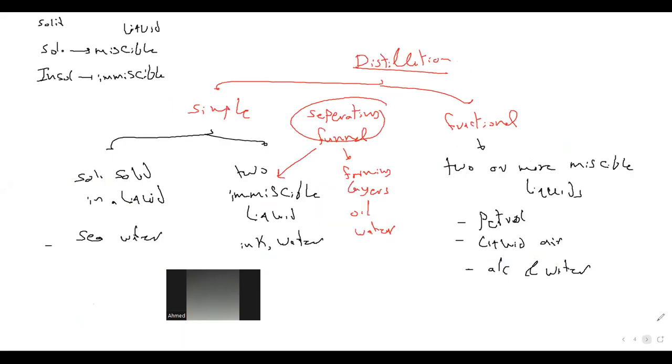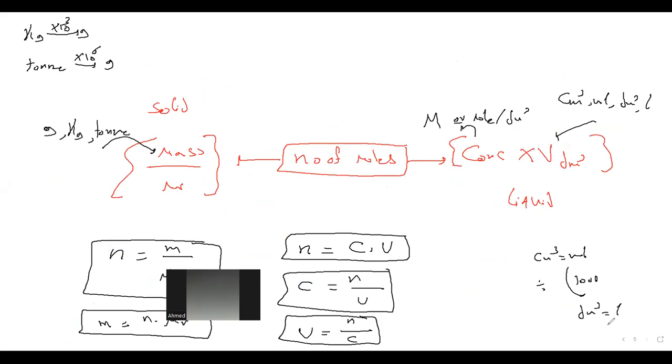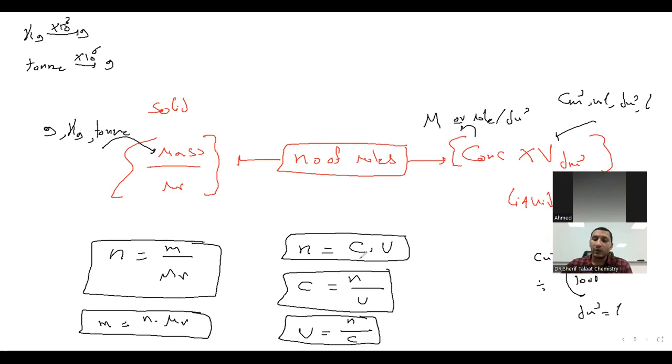Okay, to summarize what we said about the calculations: the number of moles is the common quantity that links solid and liquid. For a solid, moles equal mass over molar mass. For a liquid, moles equal concentration multiplied by volume in decimeter cubed.